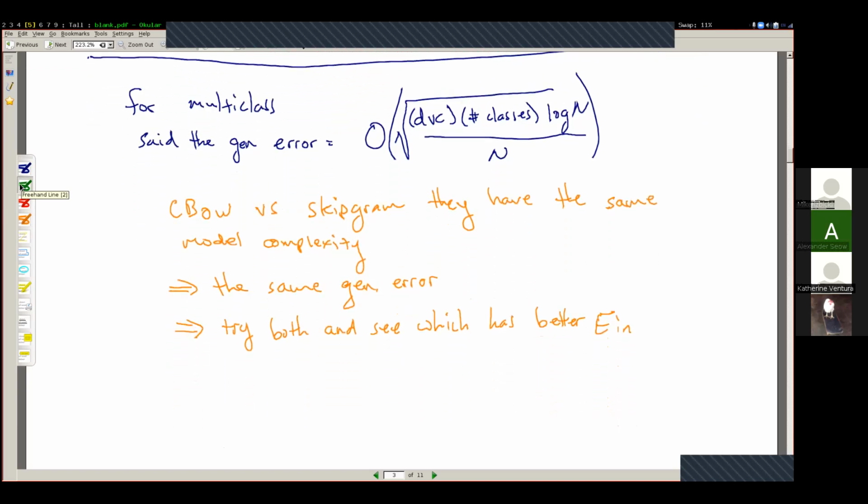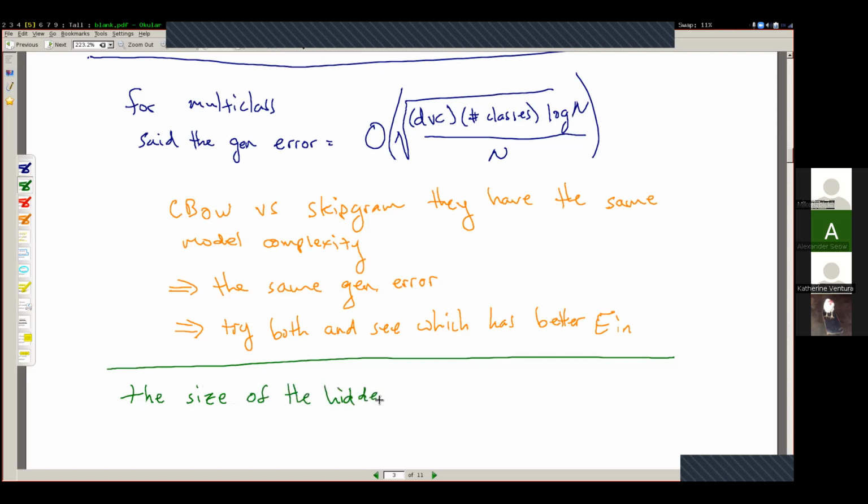The other more important thing, and again, this is not a formal statement in any way, but the size of the hidden layers, we can think of that somehow as a measure of model complexity.